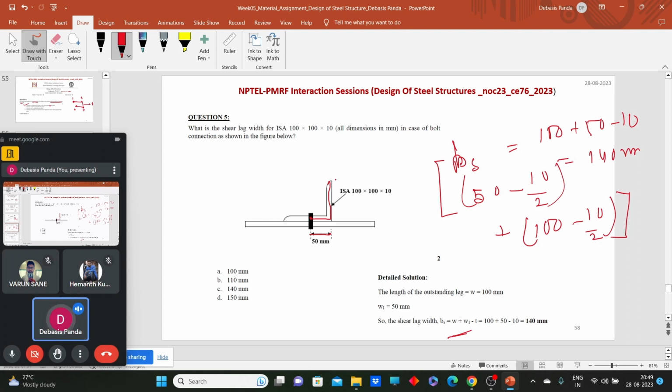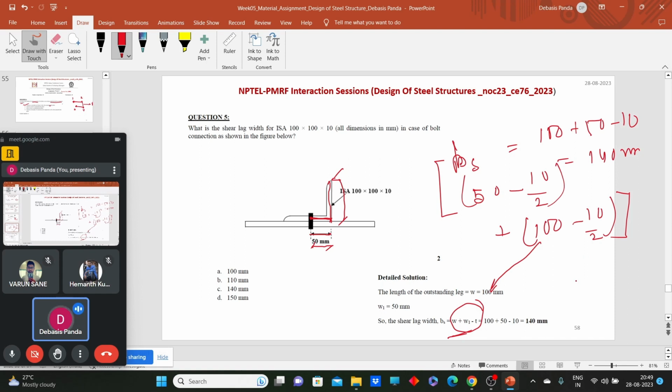What is w? That is the width of the outstanding leg. What is wy? This is the length from the center to the end of the connection. So either you can use this, and I have used this formula because using this we will get w plus wy minus t. But I have explained, and we have learned about the shear lag length. Clear? Yes or no?